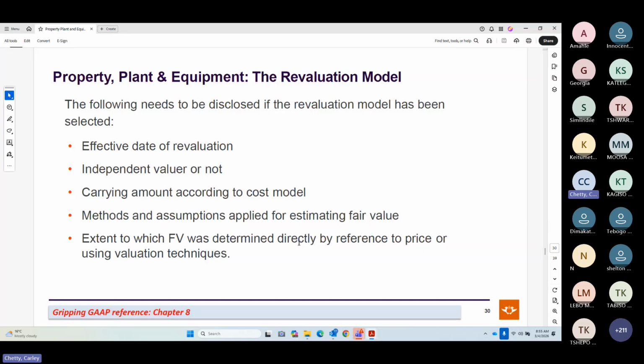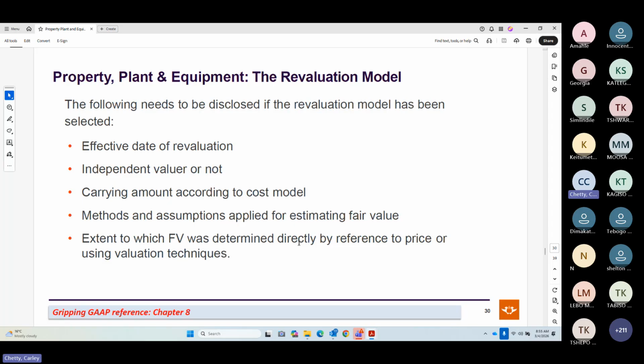The reason for this is that we want the financial statements to be comparable to other companies. If our company uses the revaluation model for buildings, we'll want to be able to compare it to companies that use the cost model for buildings because it affects the value of our assets. So even if the revaluation model is used, they'll need to disclose the carrying amount according to the cost model.